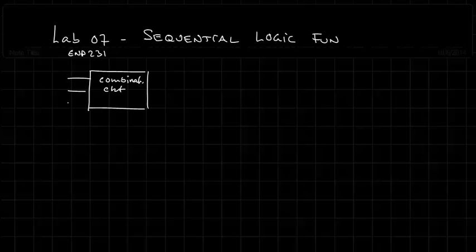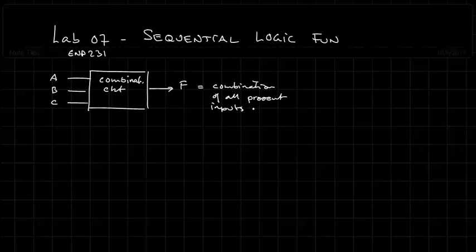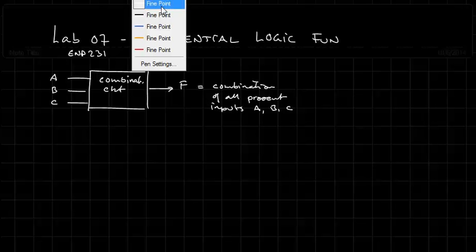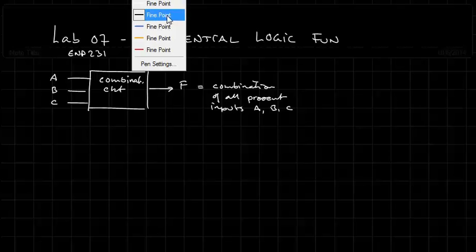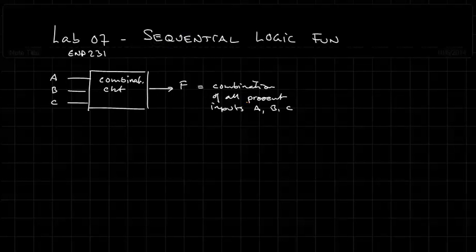And we have three inputs, A, B, and C. So the output, F, is equal to a combination of all present inputs A, B, C. So the operating term here is present.